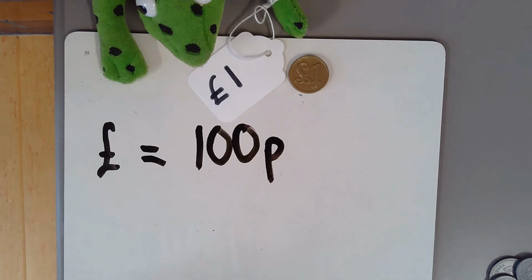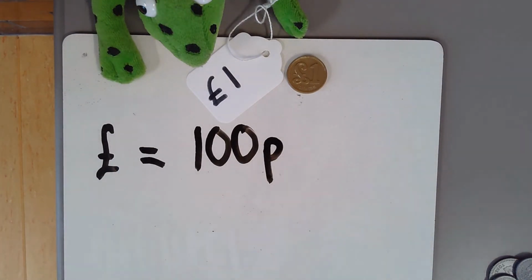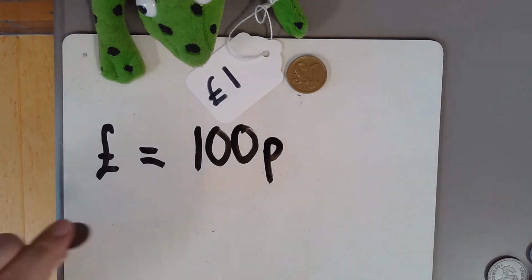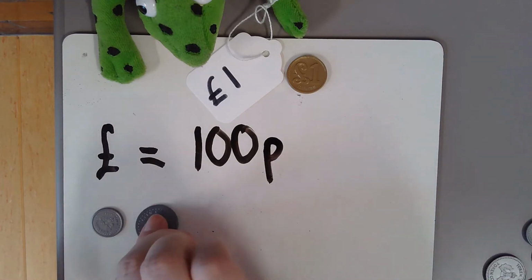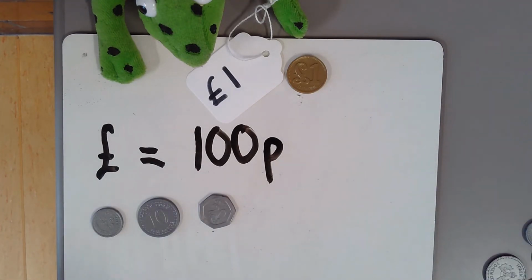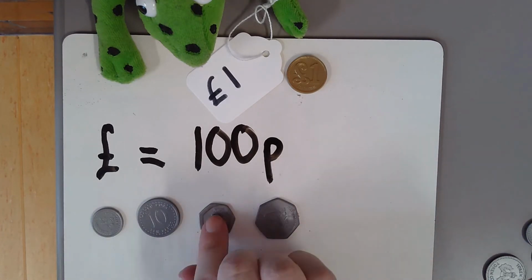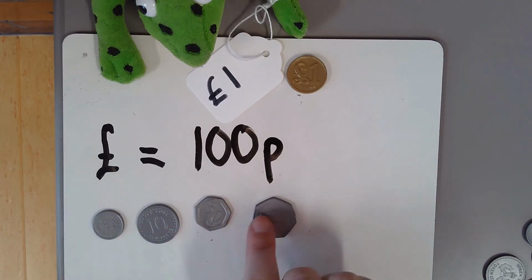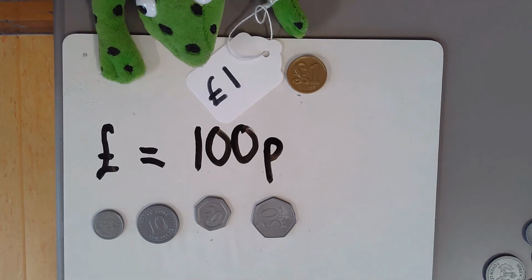So, using 5p's, 10p's, 20p's and 50p's, I want you to find as many different ways as you can to make £1. And remember, every time that you make a pound, the coins must add up to 100.